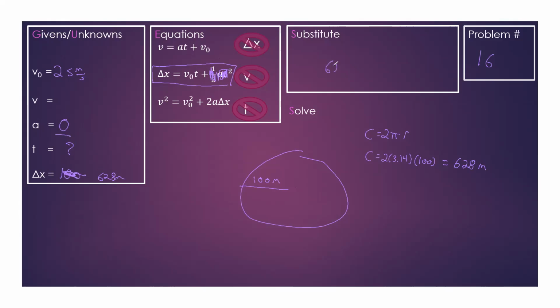So you're going 628 meters around the track at a velocity of 25 meters per second. What is your time? I'm not even going to bother rewriting this. You're just dividing 628, your answer from part A, by 25. 628 divided by 25 gives you 25.12 seconds.